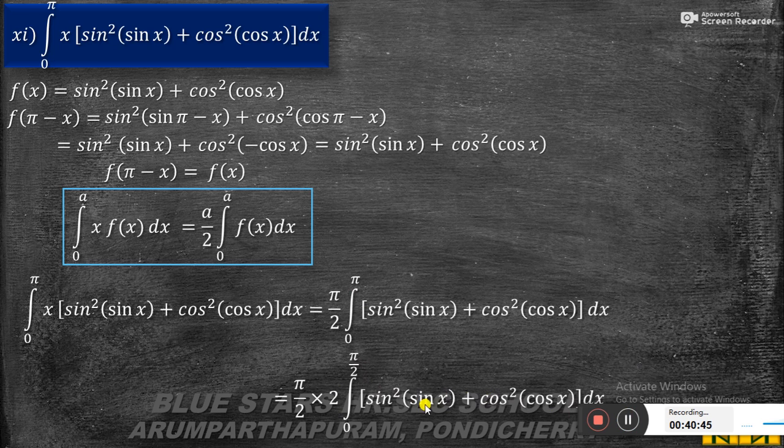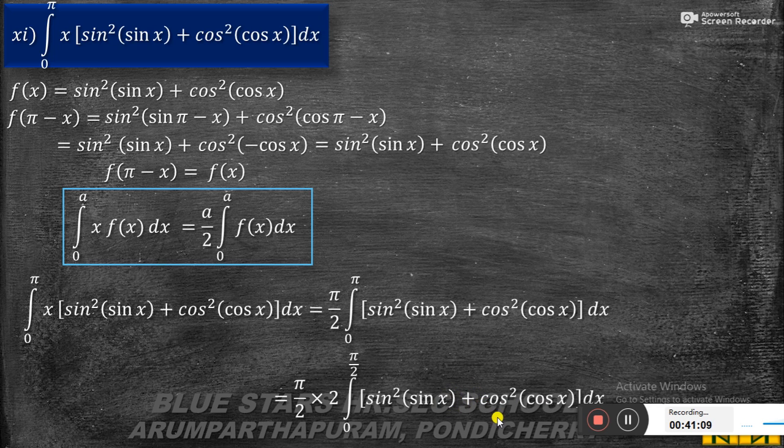Because this function is an even function. If you change x equal to minus x, sine of minus x is minus sine x. So sine square means the whole square, minus of whole square means plus, and again cos of minus x is cos x. So we substitute x equal to minus x, but the given function does not change, so it is an even function.